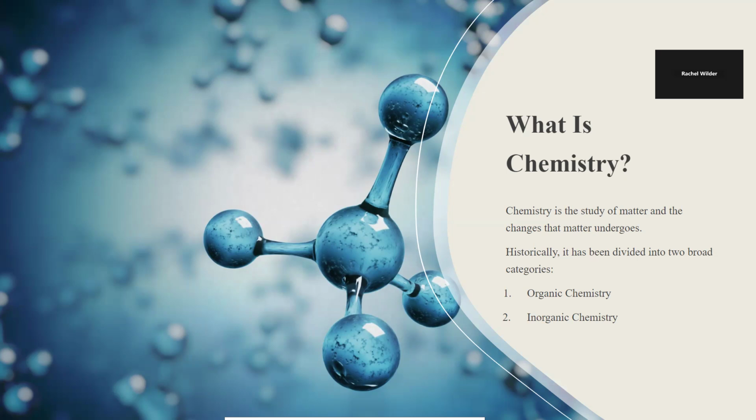Organic chemistry is the study of carbon-containing compounds and molecules. Inorganic is generally thought of as not containing carbon, but more specifically, they don't contain hydrogen and carbon together. So we'll go through that again.